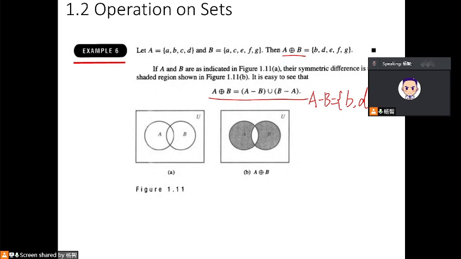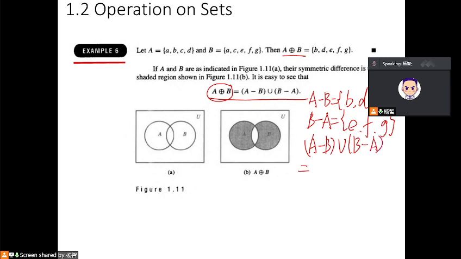In order to calculate the symmetric difference, we also want to calculate B minus A. Who can tell me B minus A? E, F, G. So A minus B union B minus A equals what?